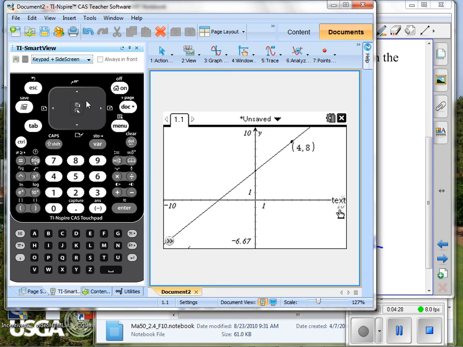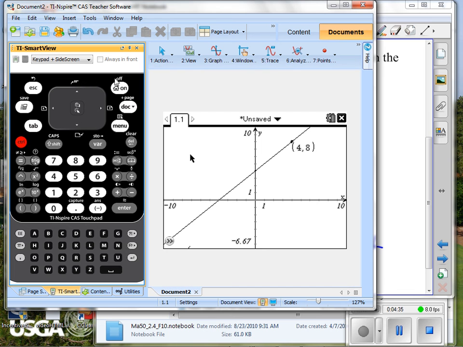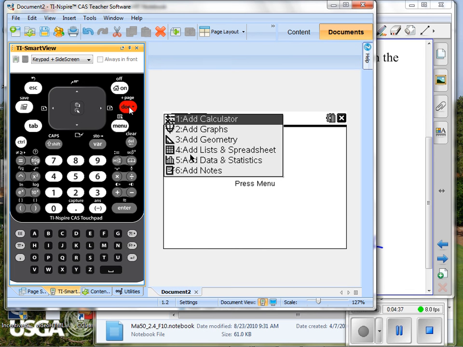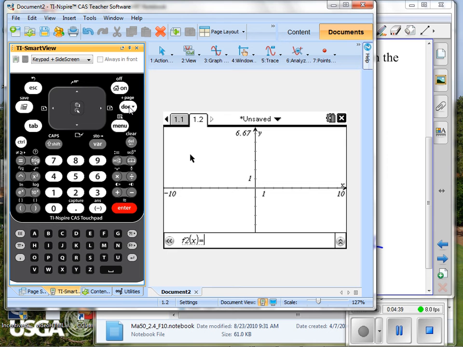Take your Nspires. Let's take a look at that. We'll just add another graph page. This is going to be f2 now. And we're going to put in x cubed plus 3x minus 2.